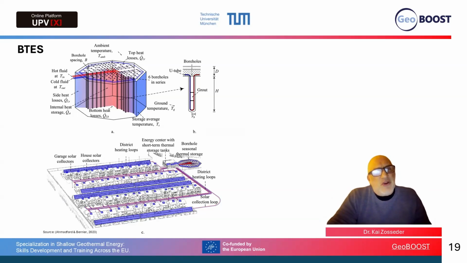For example, you have top heat losses, so you need insulation here normally, and also the spacing of the borehole heat exchangers for such a BTES system is very important, and a lot more. So you have to design it very carefully so that it will be efficient, but it's a very good way for heat storage.